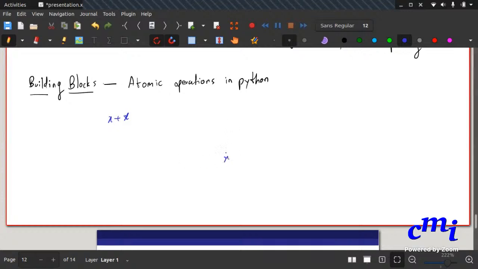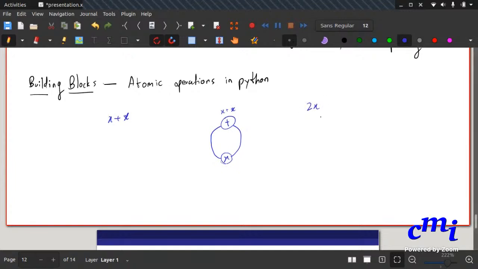When I say a graph here, it can have multiple edges between the same nodes. So for x plus x, the graph will have two edges going to one node which is doing a plus operation. This node is really doing plus of two nodes, and both of those nodes turn out to be x. So this is what the graph will look like.